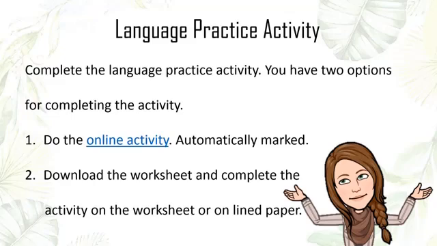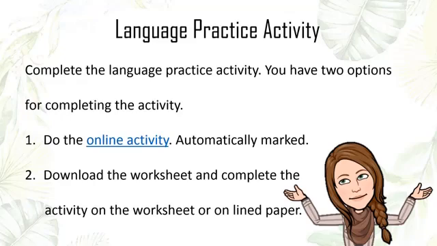You have two options for completing the activity. You can do the online activity, which will be automatically marked for you, and you will get your answers at the end. The link is down below if you're watching this as a YouTube video. If you're not watching this as a YouTube video, the link is also included on the instruction sheets that you were sent.